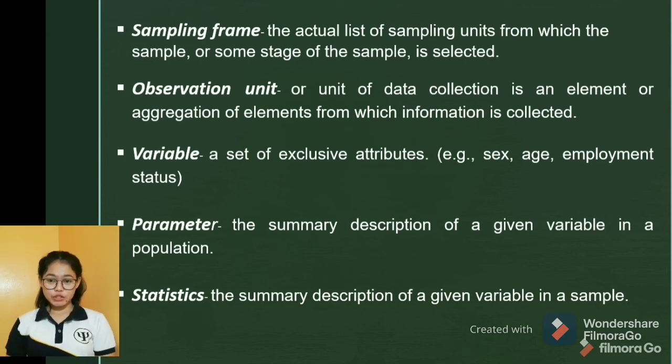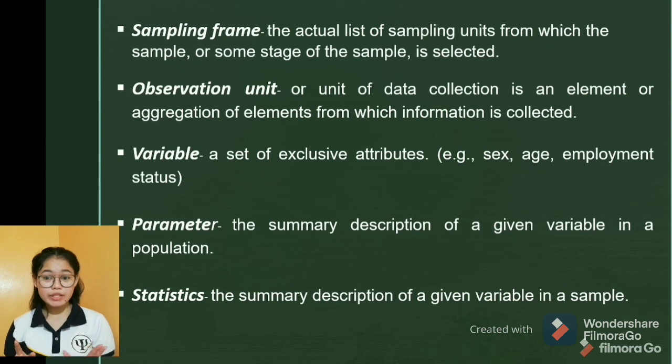Next is parameter. Parameter is the summary description of a given variable in a population. Again, it is the summary description. For example, I am studying the average age of all the people in the city.